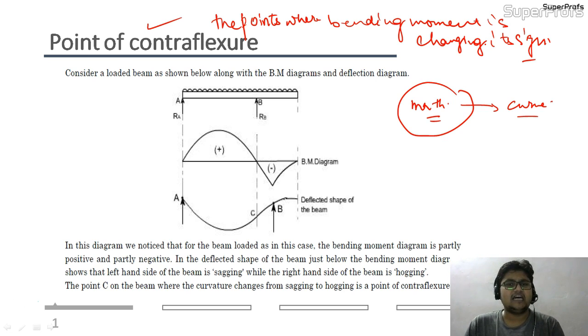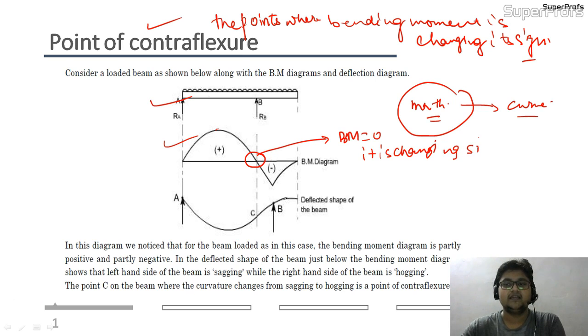I have just taken an arbitrary diagram; we will see later how I have drawn it. At this point of time, take it as the bending moment diagram of this loaded beam, and you can see that at this point the bending moment is 0 and it is changing sign.